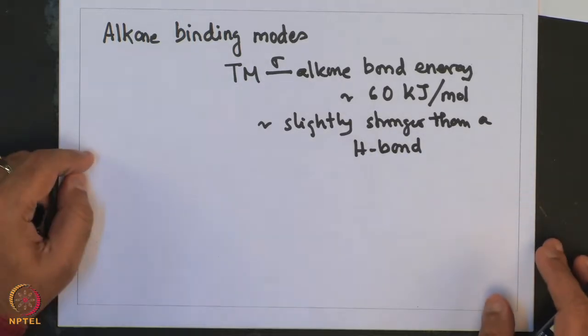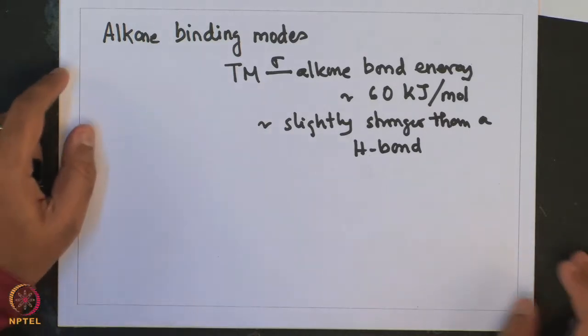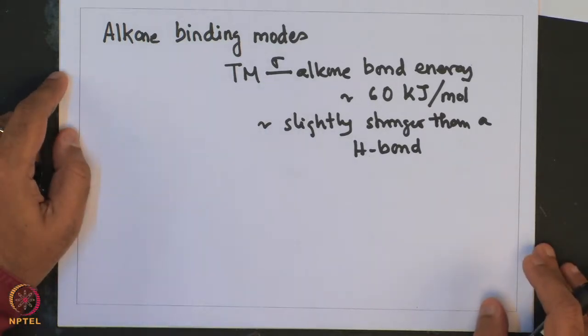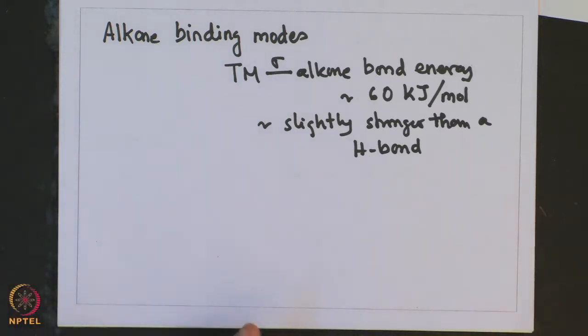So, what it shows is that an alkane binds very loosely to a transition metal.